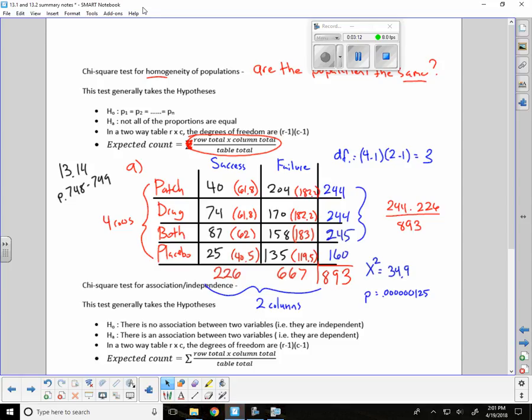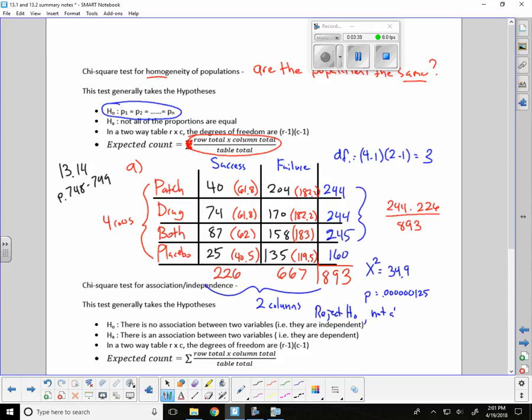So this means, right, the final thing here is that this means we must reject H naught, which was the idea that all of our proportions are the same. So the proportion of success for the patch, the drug, the both, or the placebo, those are not the same. The evidence is very strong.